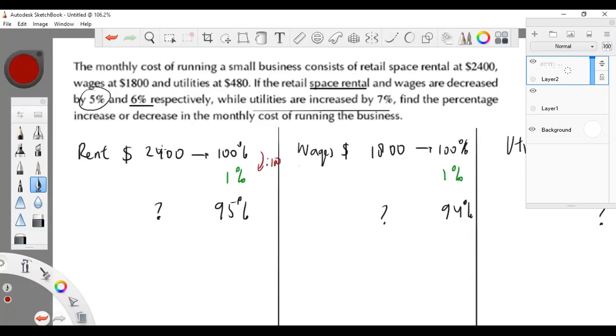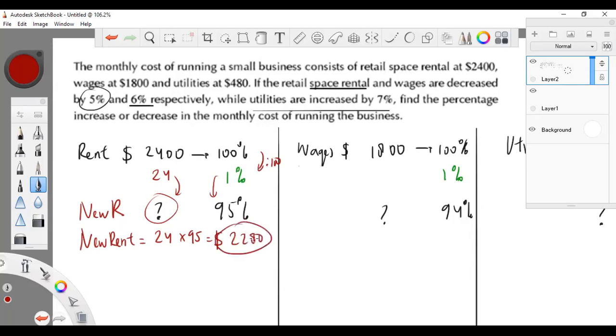So this also the same, divide by 100, 2400 divided by 100 is 24. And this will get the new rent, right? So the newest rental value will be 24 times 95, because this is times 95.